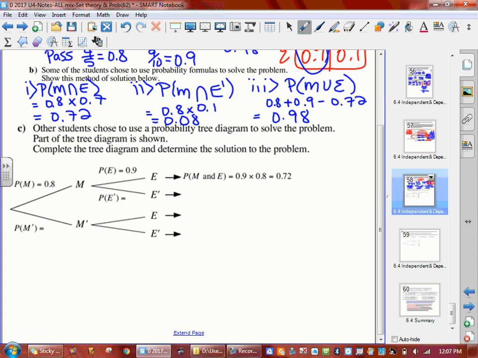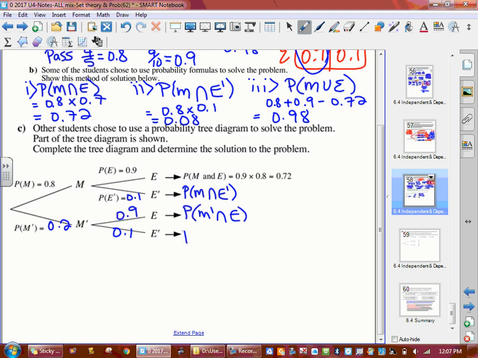Okay, let's take a look and see how they filled out the tree diagram down here. Same idea. This would be 0.1, 0.9, 0.1, and this is 0.2 here. So this would be passing math and not English. Passing not math and English. Passing not math and not English.